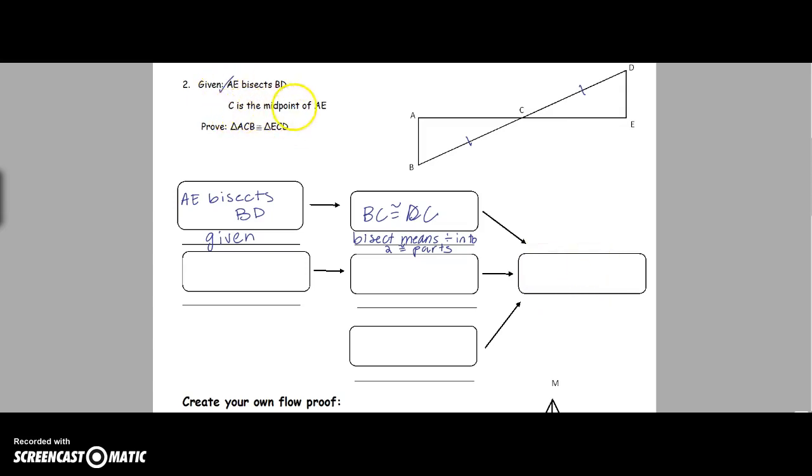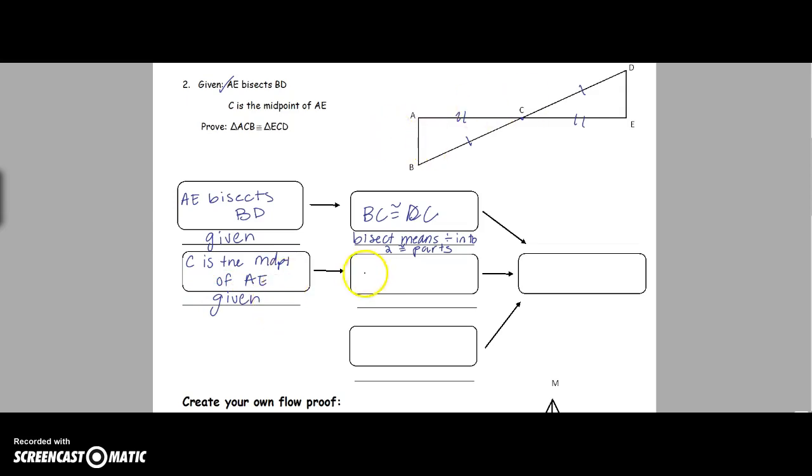The next one, C is the midpoint of AE. And we can say that right here. C is the midpoint of AE. And the reason behind that is it's given.